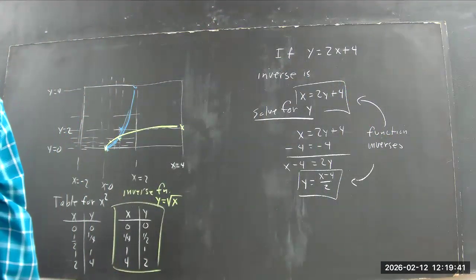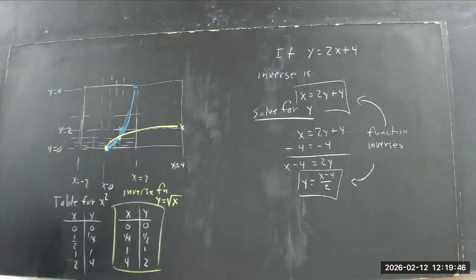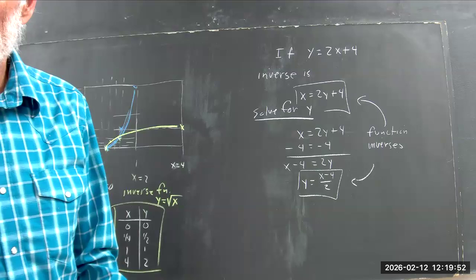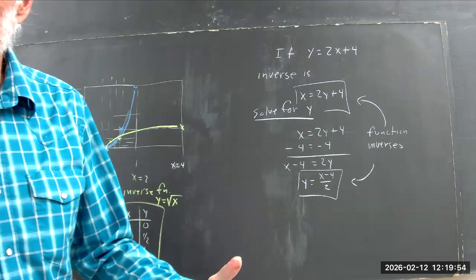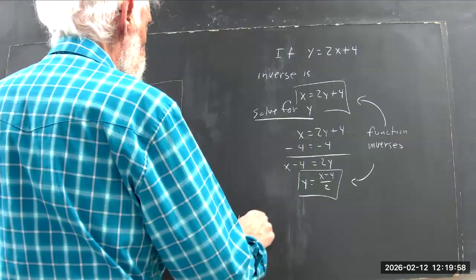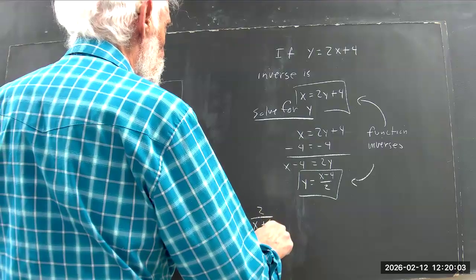Okay, the process for doing a graph is simple. If you got a table, you just reverse the columns. If you've got a formula, you switch x and y and solve for y. It's fairly simple. You might see one where you got y equals, say, 2 over x plus 5.